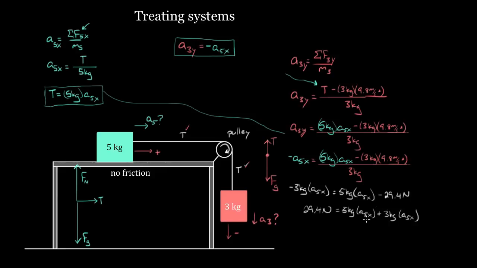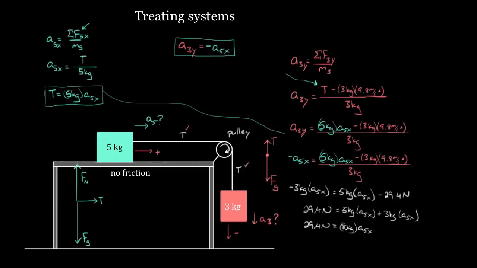Now we're close. Look at the right-hand side, I can combine these terms because 5a plus 3a is the same thing as 8a. So 29.4 newtons equals 8 kilograms times, I'll put the parentheses here, a5 in the x direction.